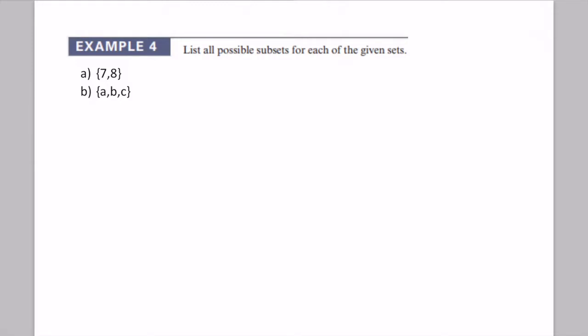So let's list all possible subsets of each of the given sets. Okay? So for A, we have the empty set. We have 7. We have 8.